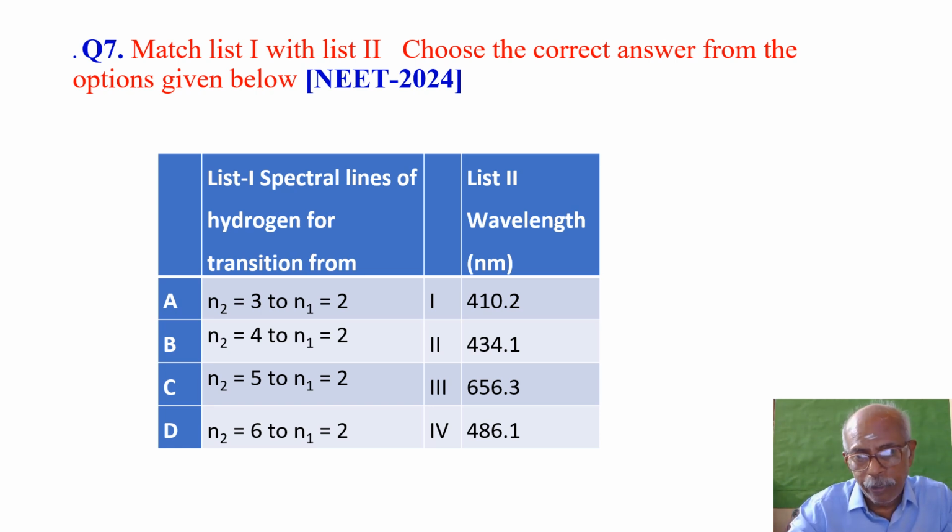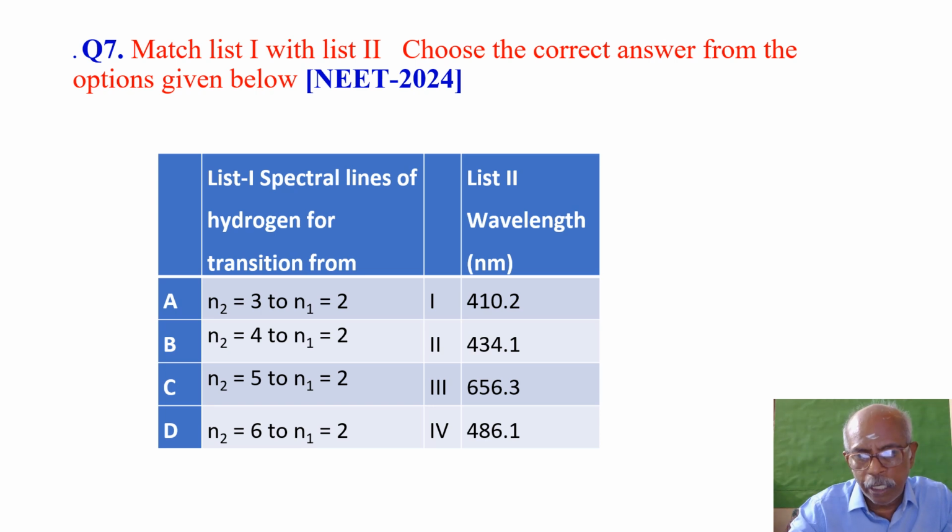So, last year. What the table tells us: List 1 gives the spectral lines of hydrogen for the transition from this to this. List 2 gives their wavelength, the corresponding wavelength of the radiation emitted during the transition.